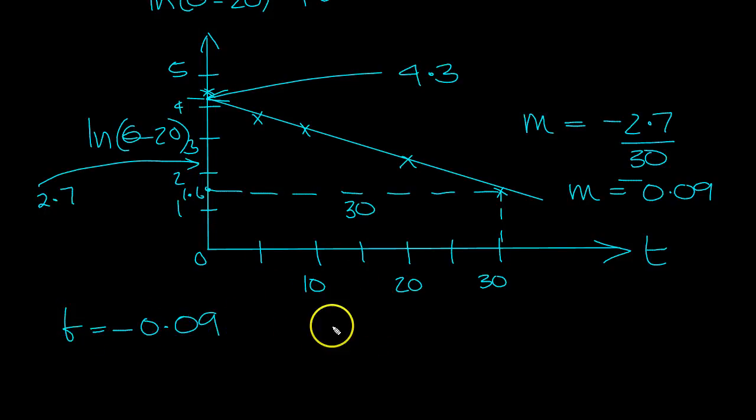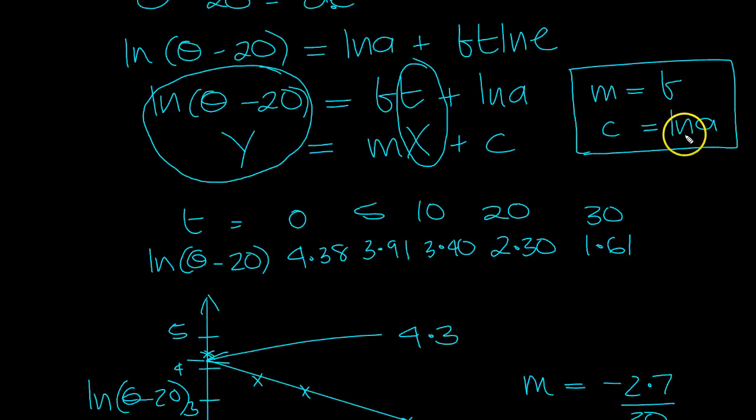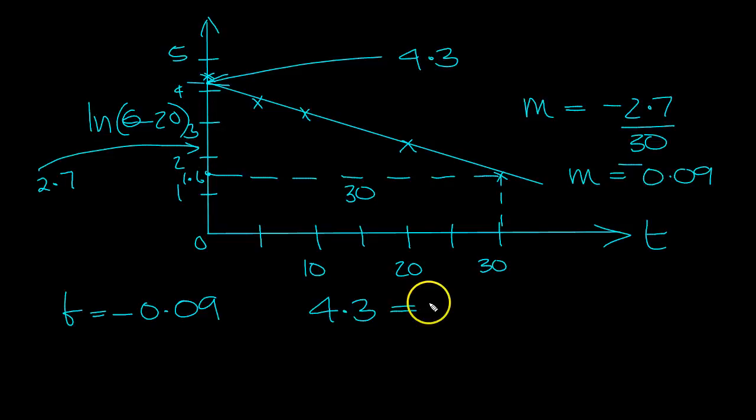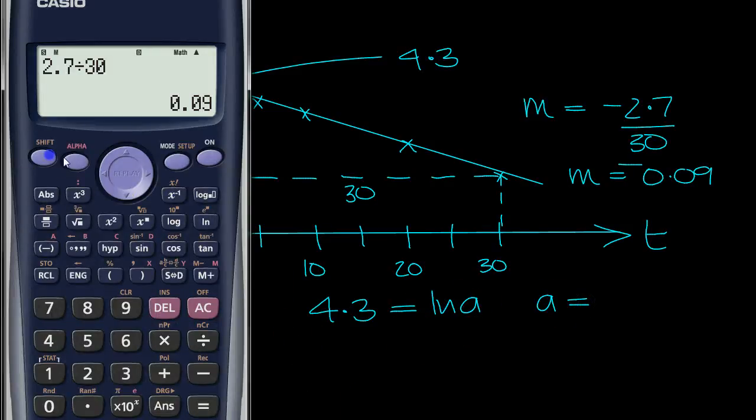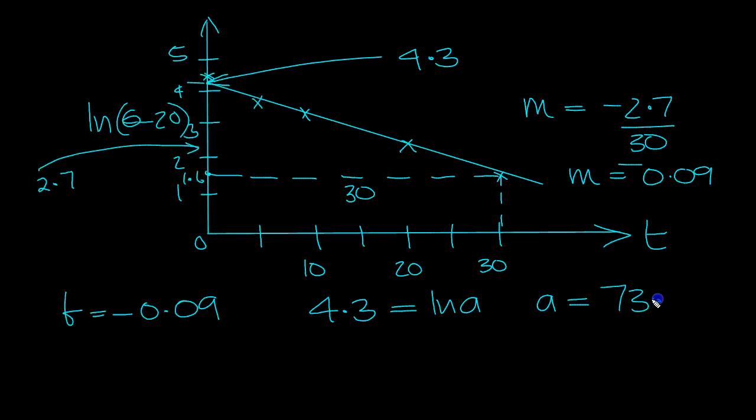And the intercept, which is 4.3, is equal to log a. So a is equal to e to the 4.3, shift e to the 4.3, 73.7. So what have we got then?